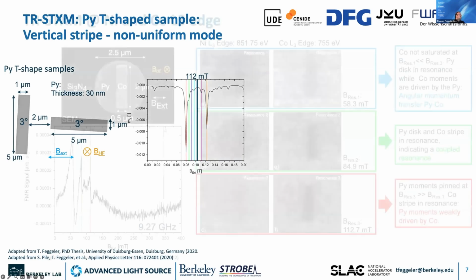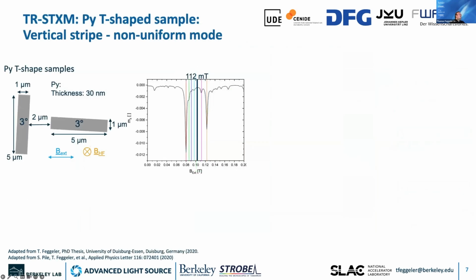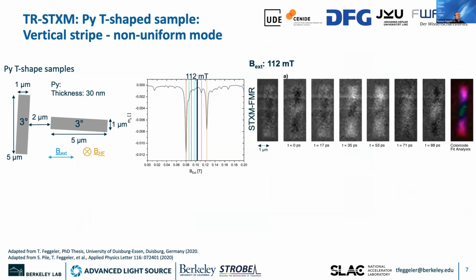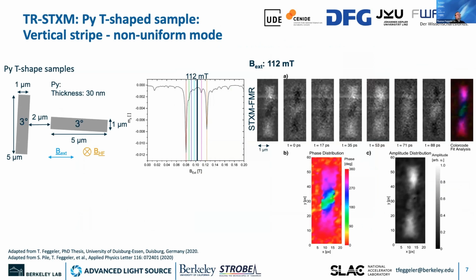Looking at this permalloy stripe ensemble, with this vertical and horizontal stripe with the given dimensions, we will look at the resonance we see from the micromagnetic simulation at 112 millitesla and at a frequency of 9.426 gigahertz.